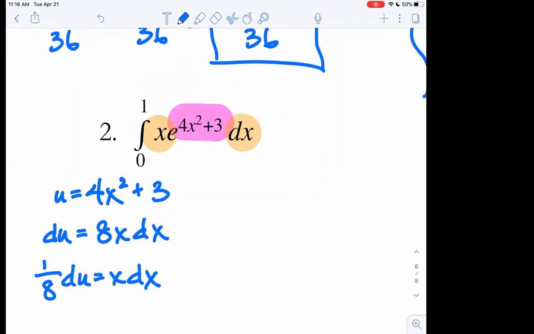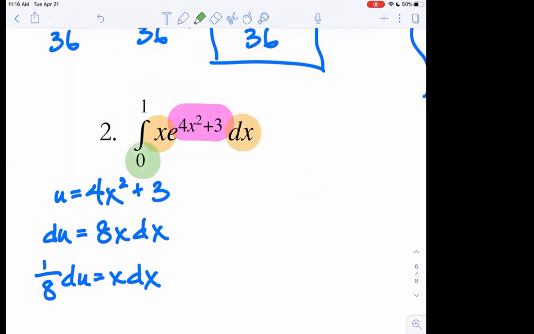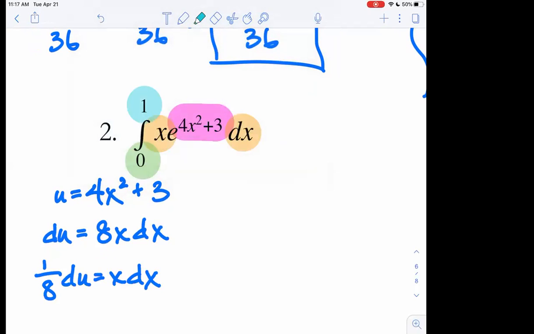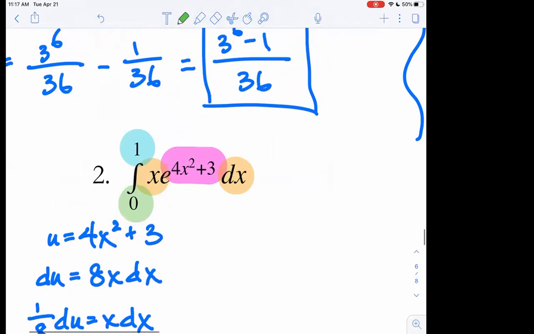I am going to solve for my new bounds so that everything is in terms of u. So I'm going to find my bottom number, and I'm also going to find my top number. The bottom number, u equals 4 times 0 squared plus 3, or u equals 3.